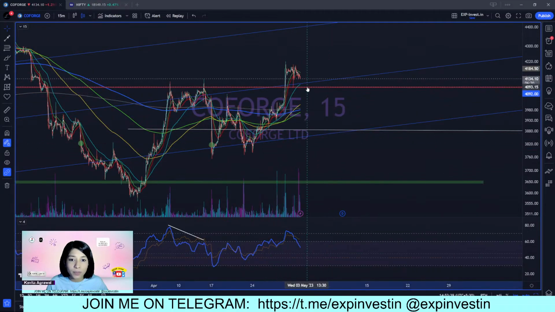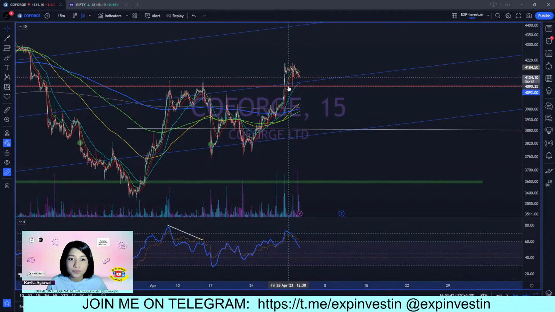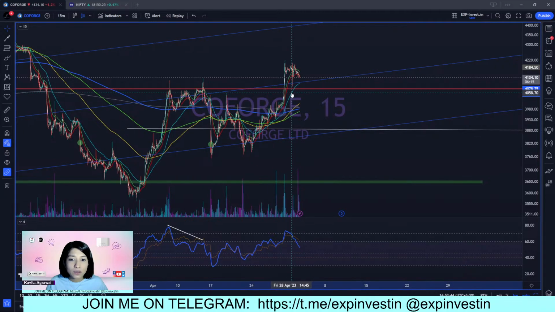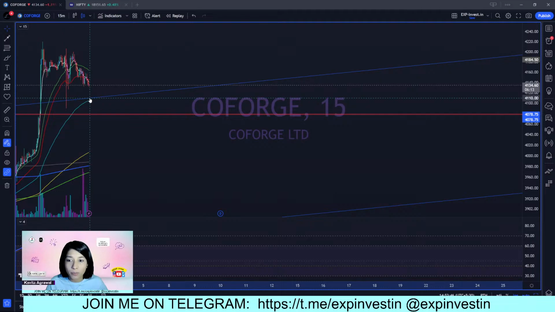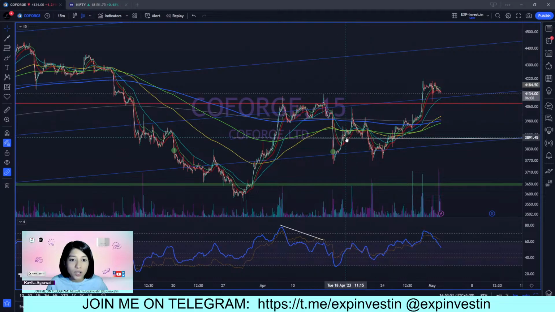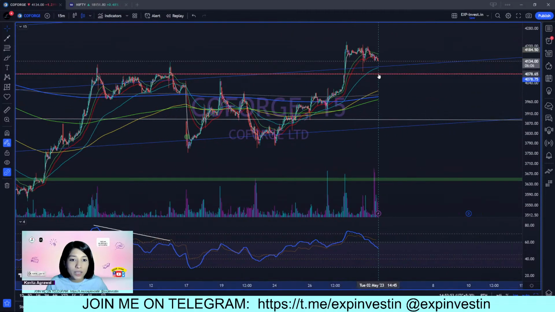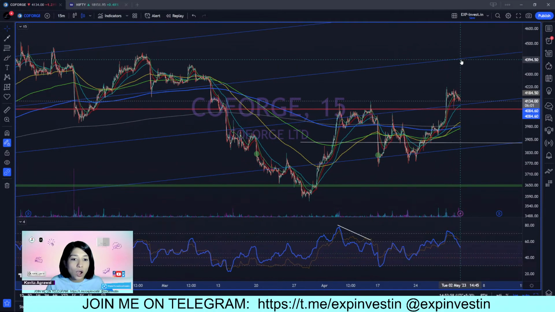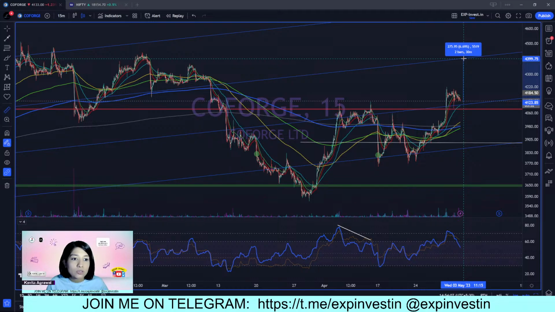I would strongly recommend you use a trailing stop loss right below the spike, because you can see there is support coming in from the trend line, and support from the 20-day moving average on the 15-minute chart. So if you maintain a stop loss near the level of 4085, you are giving your stock room to rally towards the next target, which is 4394, another 6 to 7% gain. So maintain a target of 4400 and a stop loss near the level of 4087.